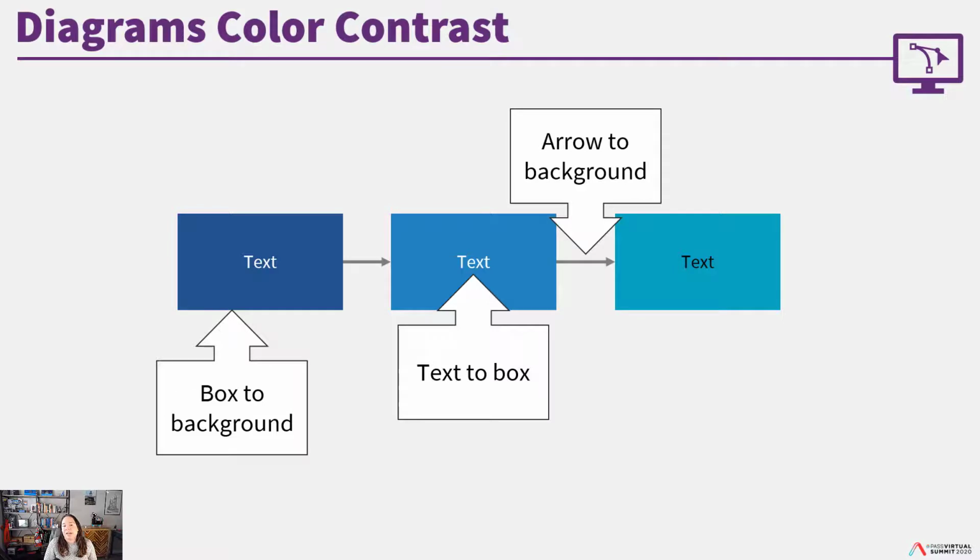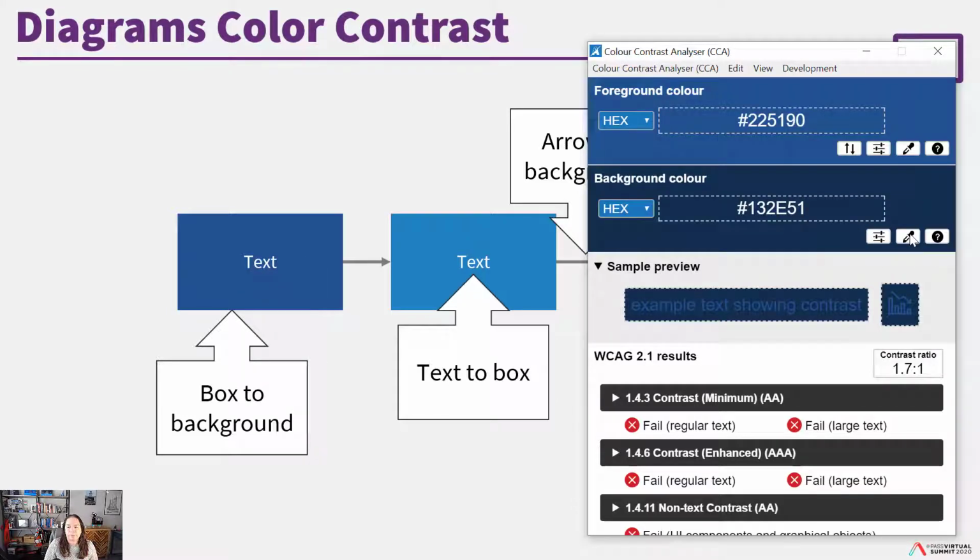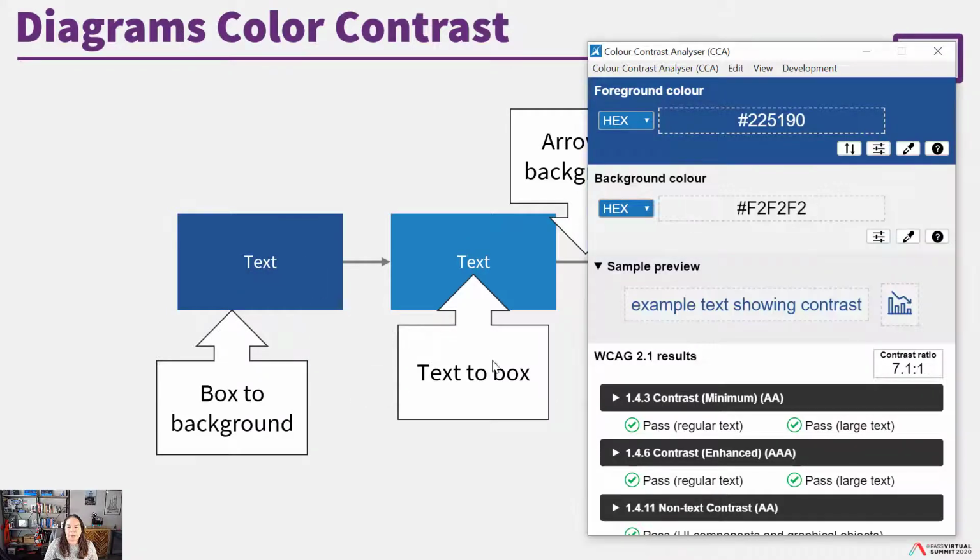And then if I have lines or other things connecting these boxes, I want to know about the arrow to the background. So if I measure these and get this blue compared to the background, I have a nice 7.1 contrast ratio here.